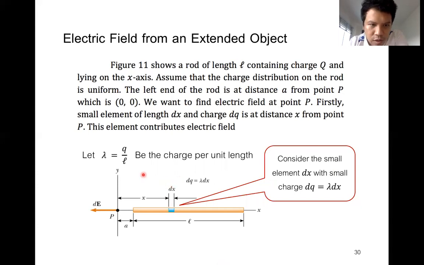If I say that lambda equals q over l is the charge per unit length, we can say that the charge q will be lambda times l. In the same fashion, if we have the small length dx instead of l, the small charge dq can be written in terms of lambda dx.